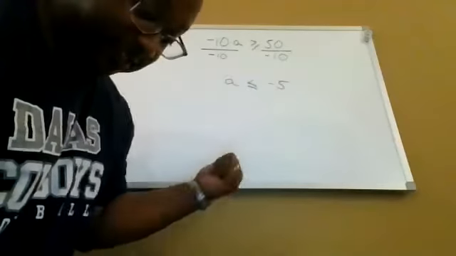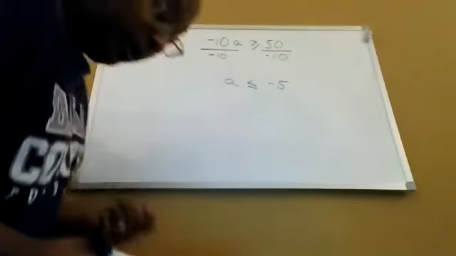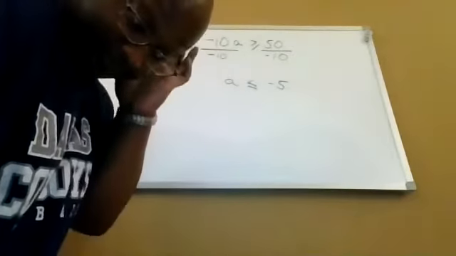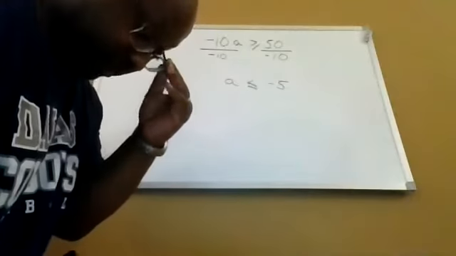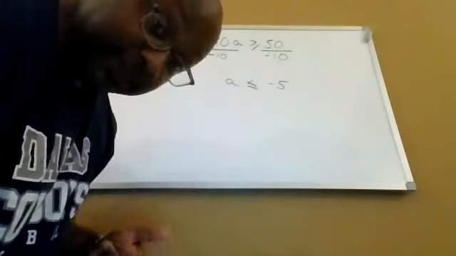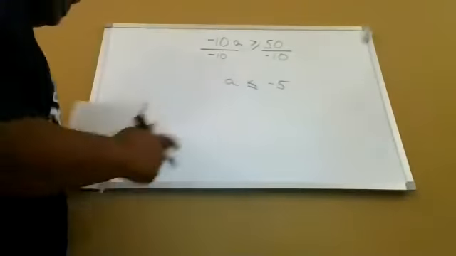Now we've got to graph this. So we want all the values of A that are less than or equal to -5.